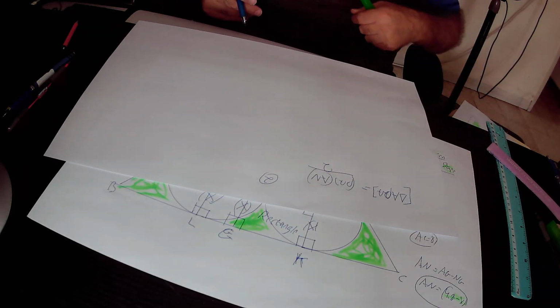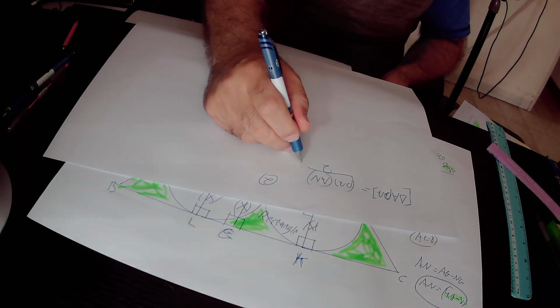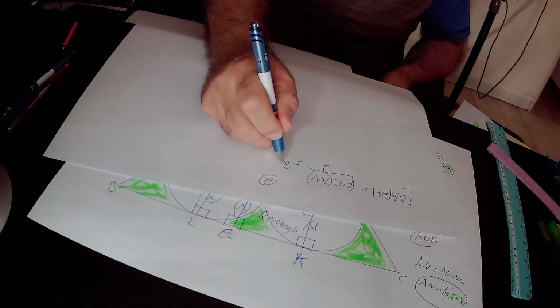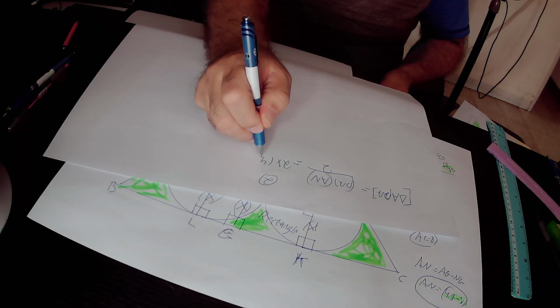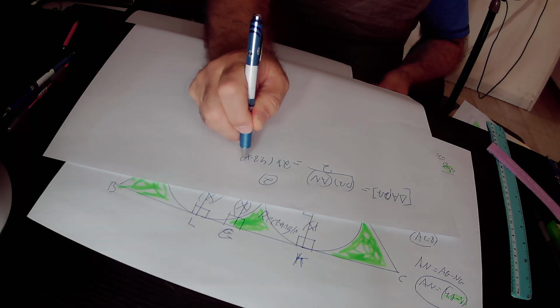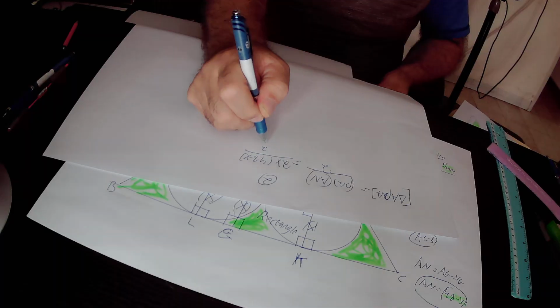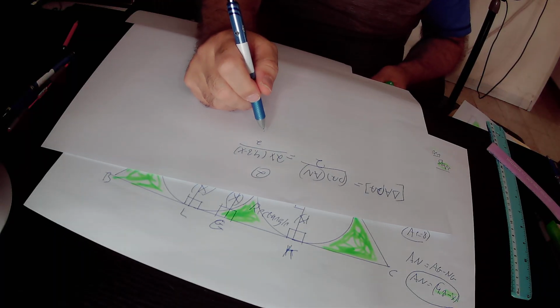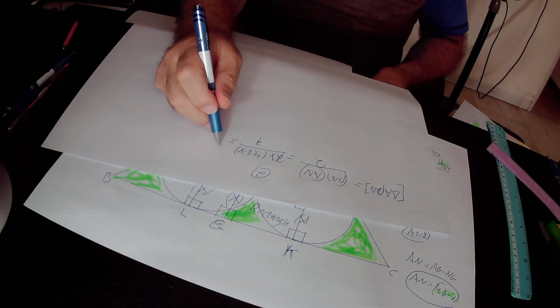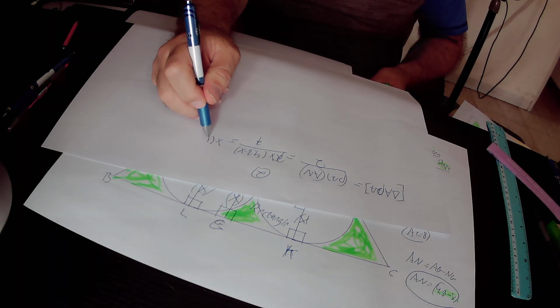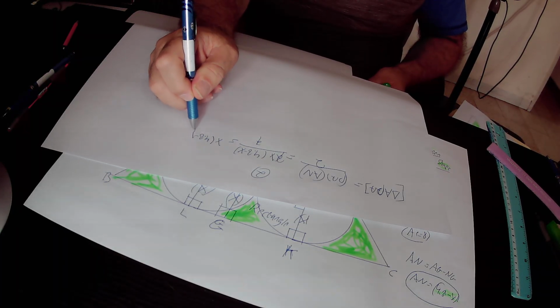As I already mentioned before, PQ equals 2x, and AN equals 4.8 minus x, divided by 2. You have 2 in the numerator and 2 in the denominator, so the 2 gets cancelled. And we're left only with x times 4.8 minus x.